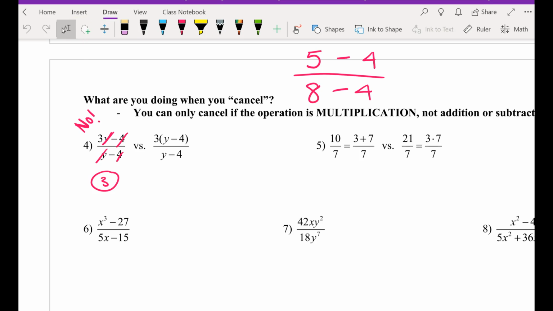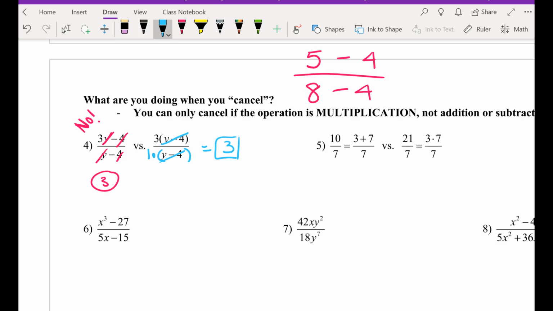Because this is really technically 3 times, okay? Over here, technically, this is really 1 times y minus 4. So I can cancel that and make this equal to a 3. But on the left-hand side, it is definitely not okay to cancel.